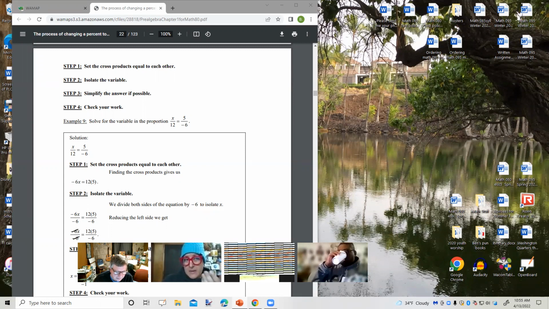Now, and this always comes up, Courtney. You're exactly right. That's what we're doing. The reason that I'm kind of dragging it out and formalizing it more is because we're working on the basics of solving any equation. There are some steps involved here. And so, yes, you're right. It's like, for instance, this problem that's up here, basically you're going to take 12 times 5 divided by -6 equals bingo, bingo, bingo.